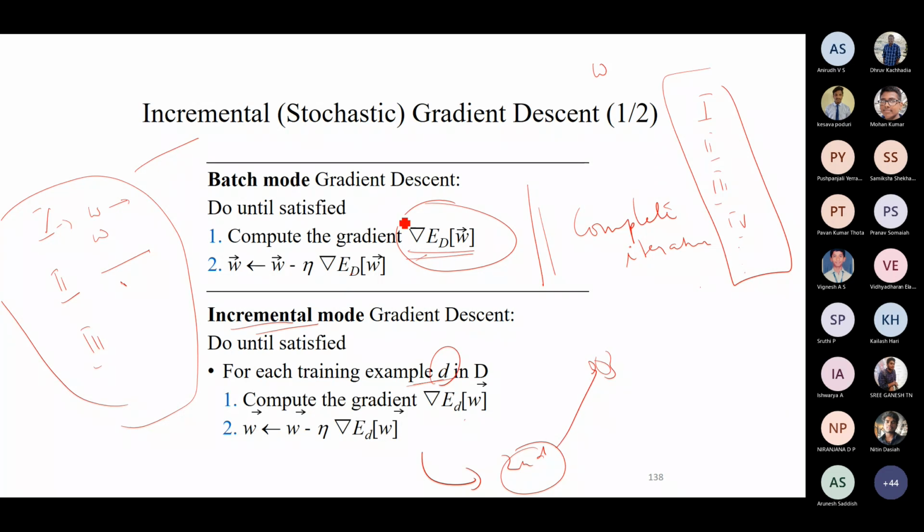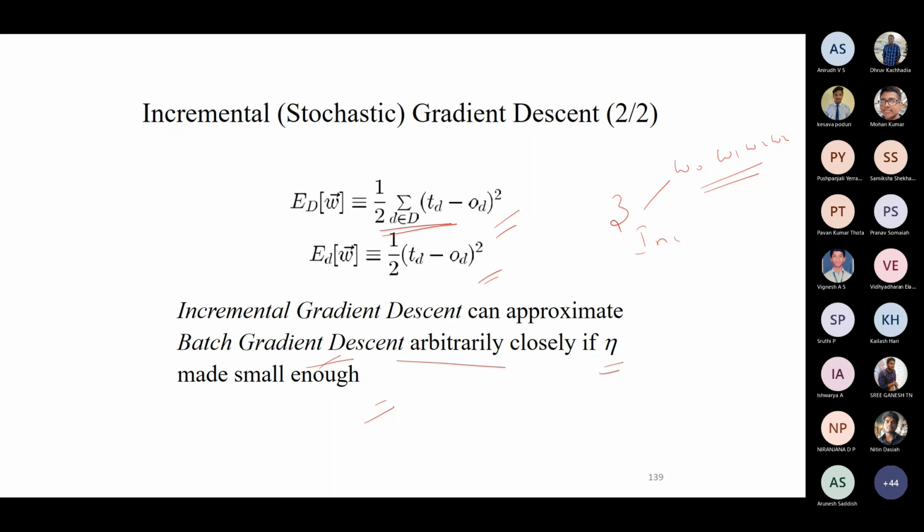In batch mode, you run it together for all the records using the same weight vector, do a summation, and then update your weight vector and run it for the second time, and then the third time, etc. Incremental gradient descent can approximate batch gradient descent arbitrarily closely if eta is made small enough.